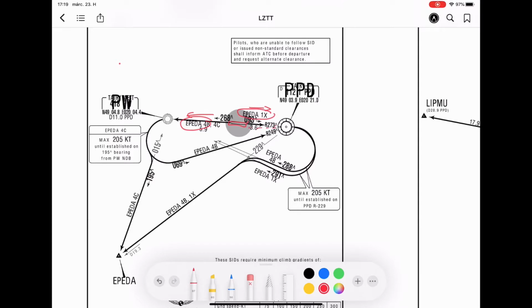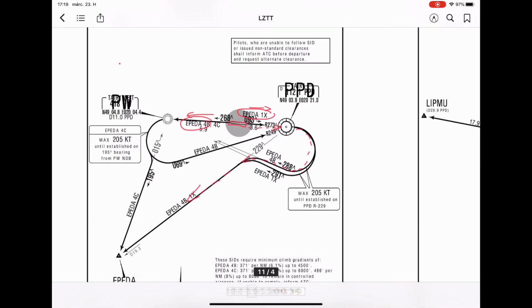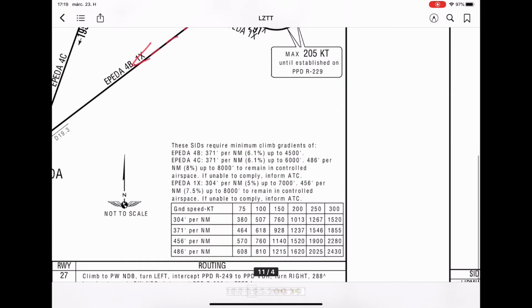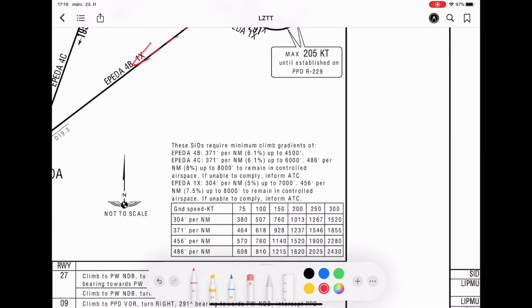So you usually go to a radio navigation station, you fly a DME arc of some sort, you join a radial, and so on and so forth. That's not exactly the point. What I wanted to show you guys is that there's usually a requirement with regards to the so-called climb gradient. You can see at this section of the chart, and at the top, that these SIDs, so standard instrument departures, require a minimum climb gradient.